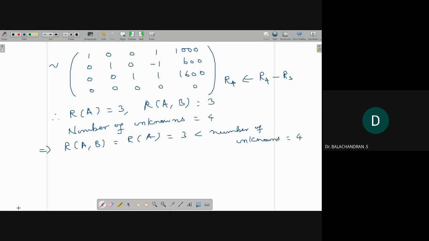Therefore, the system has infinitely many solutions.